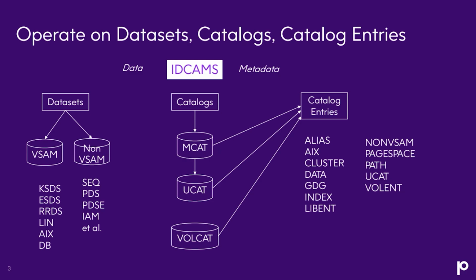So we think of the master catalog and its associated user catalogs. IDCAMS can operate on the physical entities, the data sets, or it can operate on the metadata, the catalog entries, each of which resides only in the catalog, but tells us about things that reside out on the disk volumes.